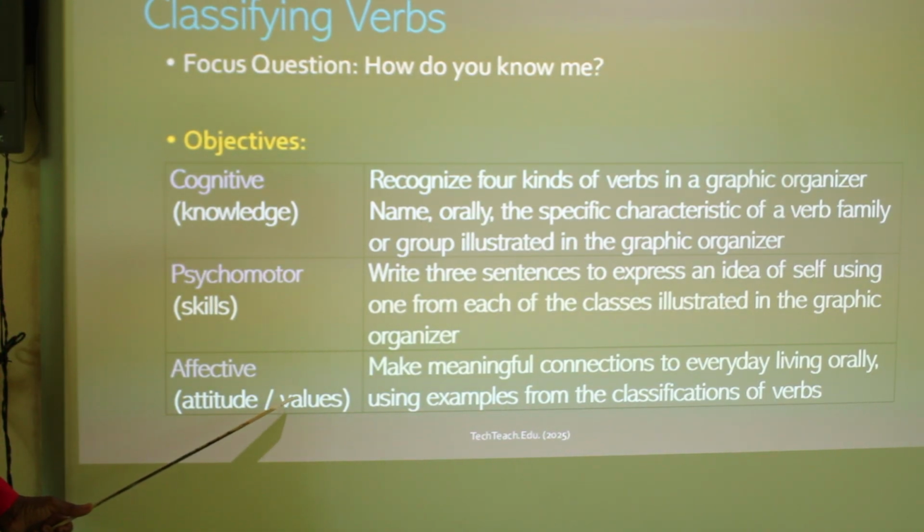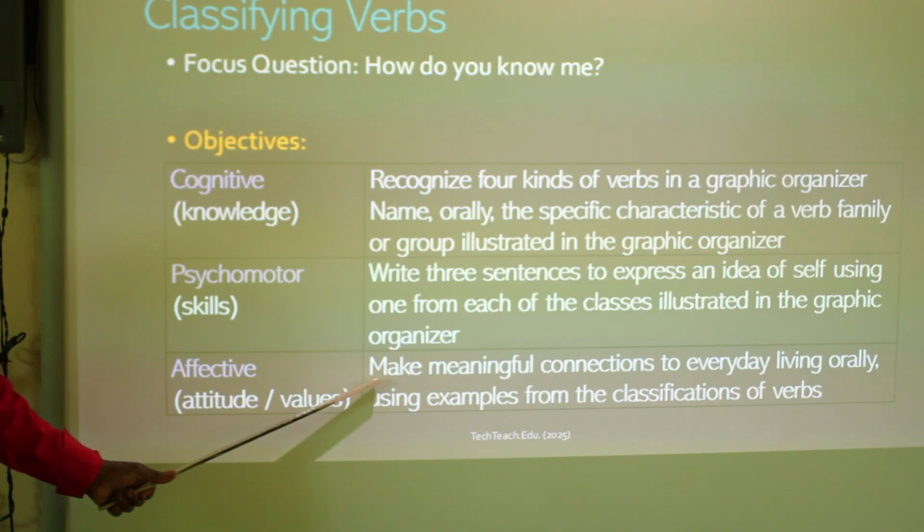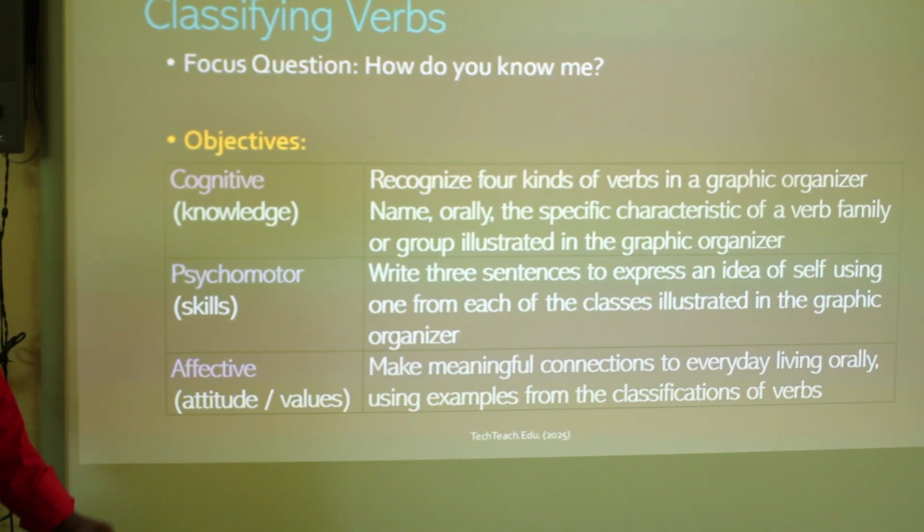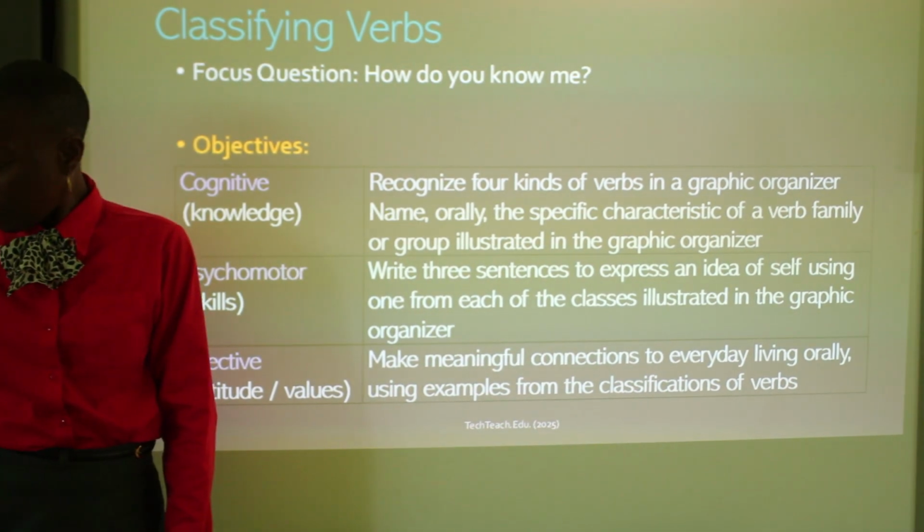And for our effective objective, we will make meaningful connections to everyday living orally using examples from the classification of verbs.